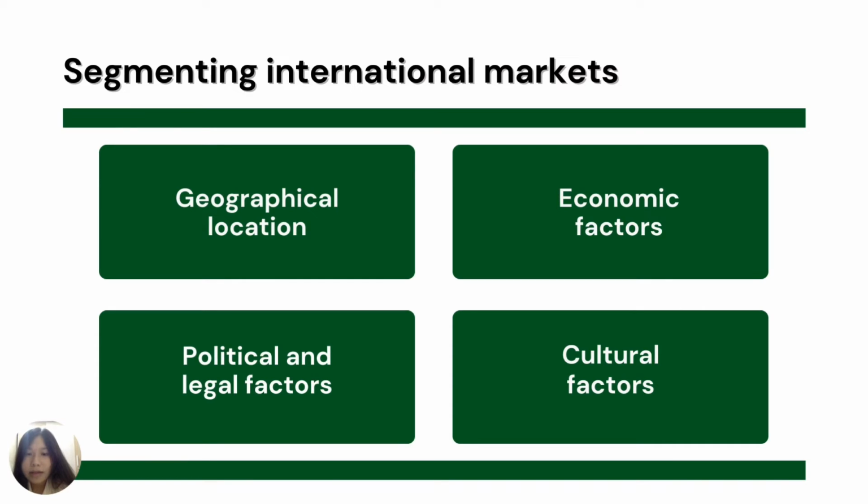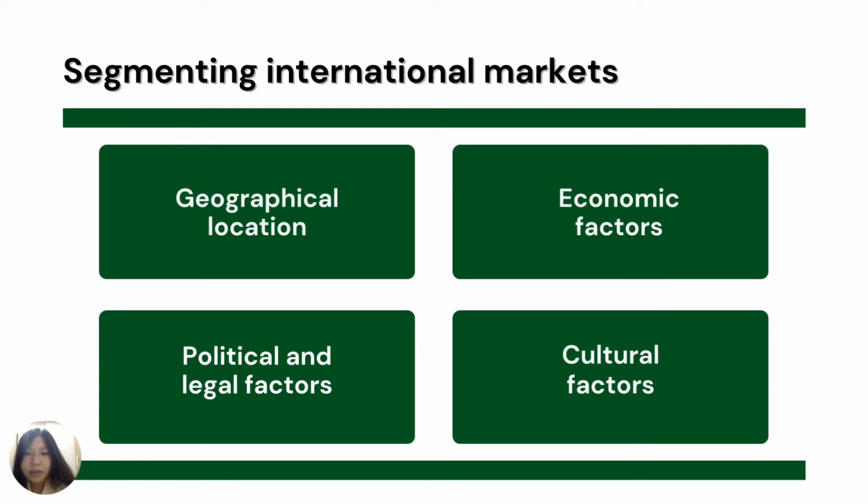Then we have segmenting international markets. Companies can segment international markets using one or several variables. Even when countries are close together, they can vary greatly in economic, cultural, and political makeup. So international firms need to segment their world market with distinct buying needs and behaviors.